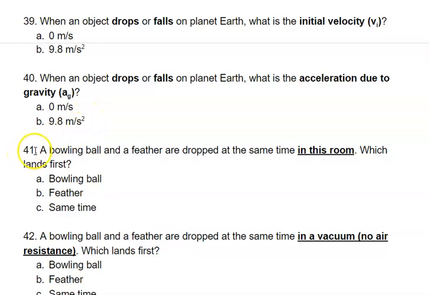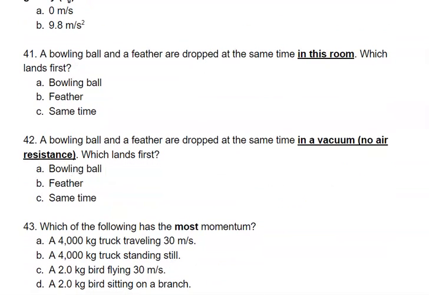Number 41. A bowling ball and a feather are dropped at the same time in this room. Which one lands first? A, the bowling ball, B, the feather, C, at the same time. Question 42.